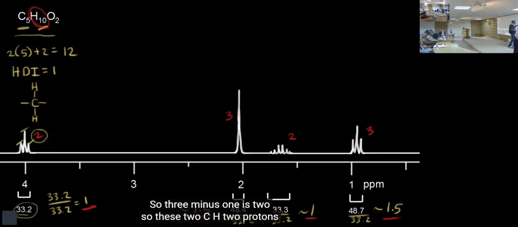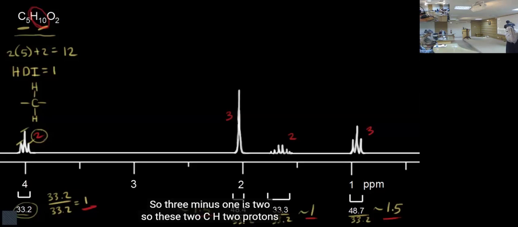Okay, now we have two proton triplets. Triplet means there can be a proton with two neighbors.